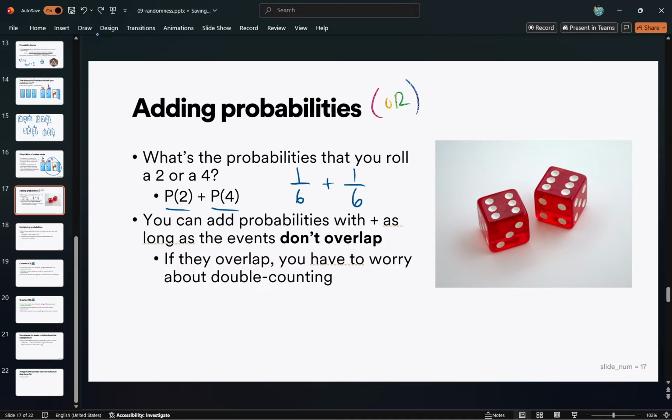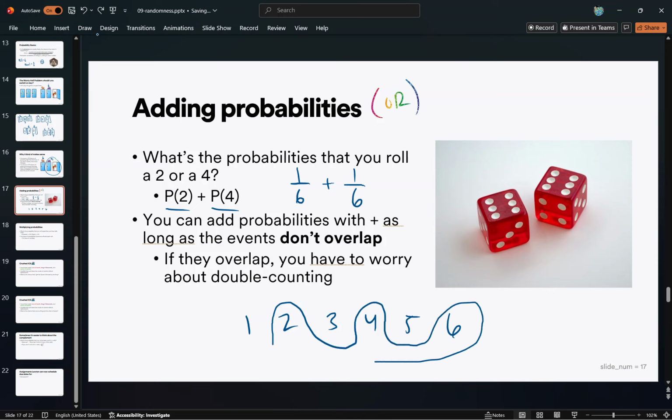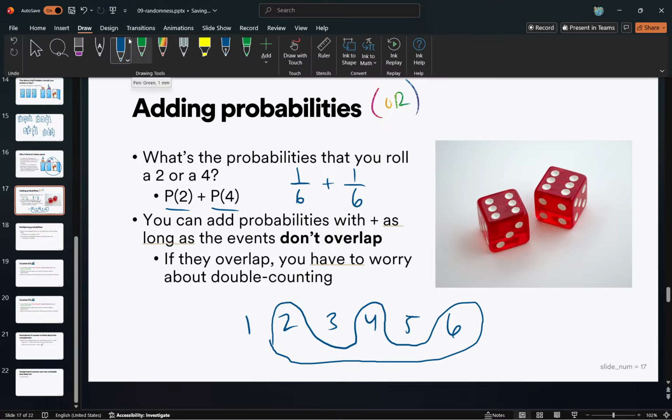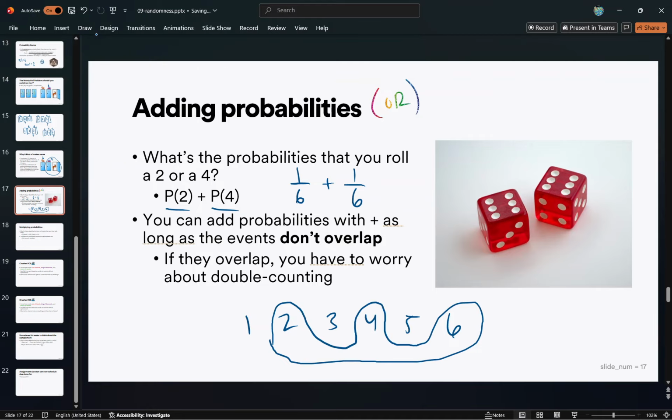But let's say something else, because if they do overlap, you double count. Here are our dice options: you could roll 1, 2, 3, 4, 5, or 6. Let's say these are the 2 events I care about: the die landing on an even number, or the die landing on a number bigger than 3, one of the bigger halves of the numbers, so 4, 5, or 6.